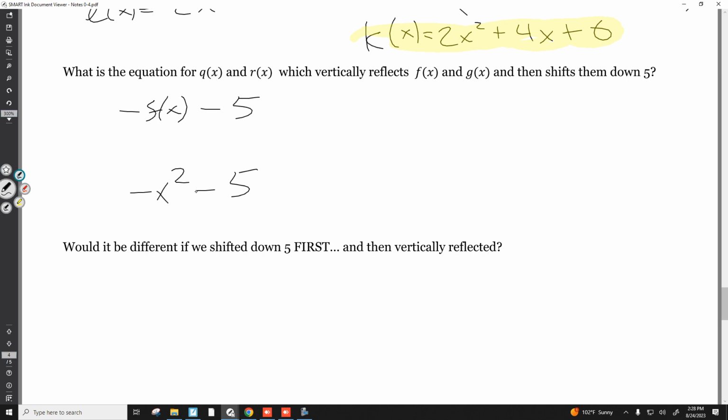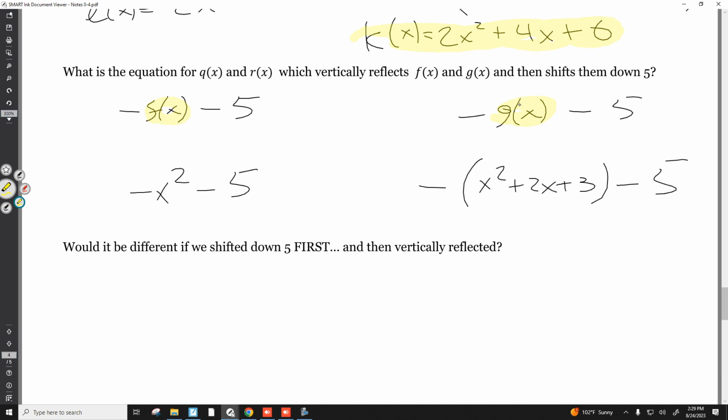That makes sense? We take g. We vertically reflect it. Then we shift it down 5. You need to take g, vertically reflect it, then shift it down 5. What you will find is that if you just keep with notation, this is easier to do than if you're just trying to figure it out yourself.